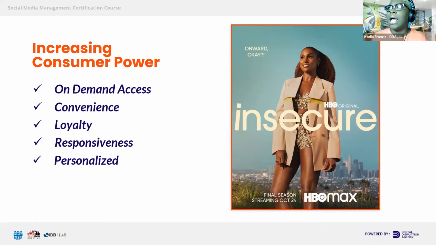Another example, Headliner. Headliner is an app I use to create audio clips for my podcast when I'm trying to market it on social media. I don't remember what was going on with Headliner, and I messaged them, and a guy named Oliver responded, hi, Kadia, my name is Oliver. How can I help you? Now, I knew that was an automated message, but it was personalized.